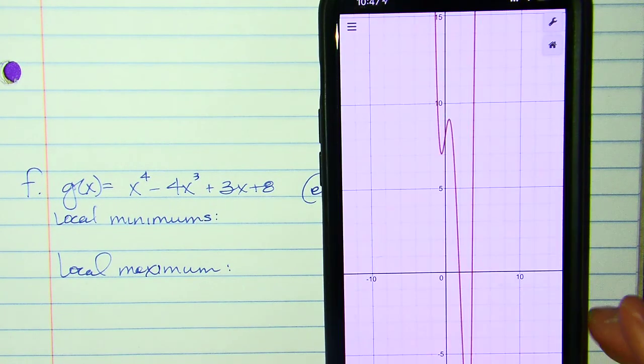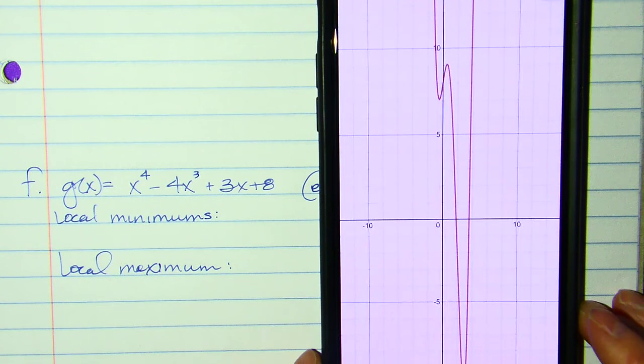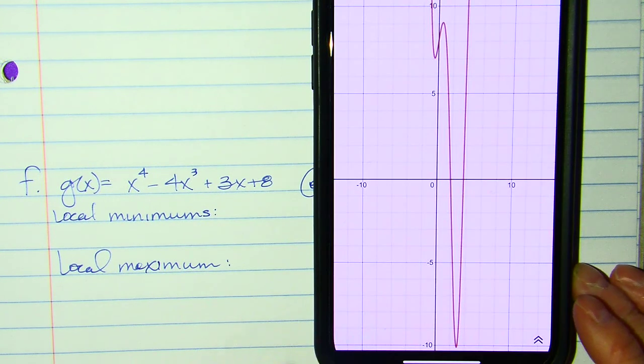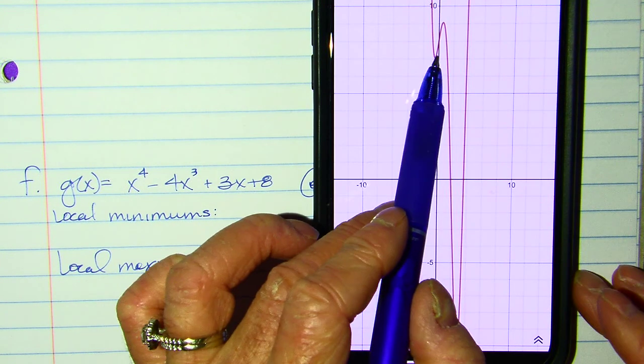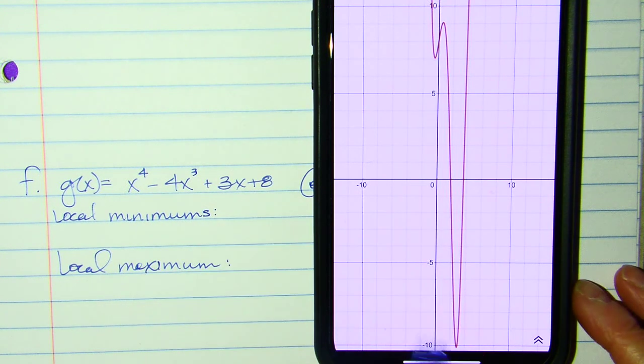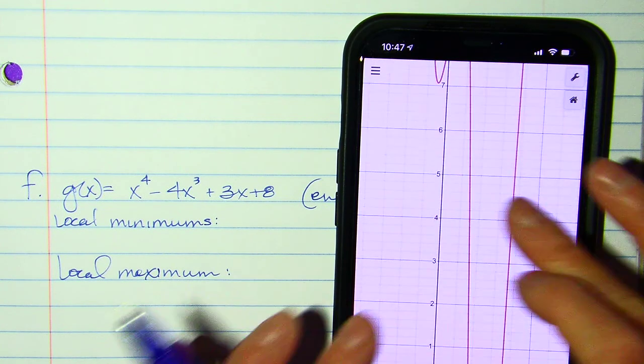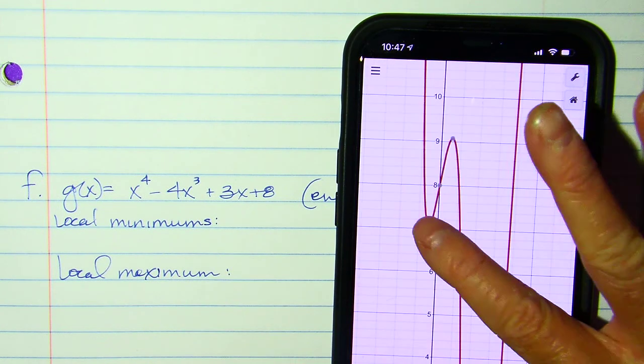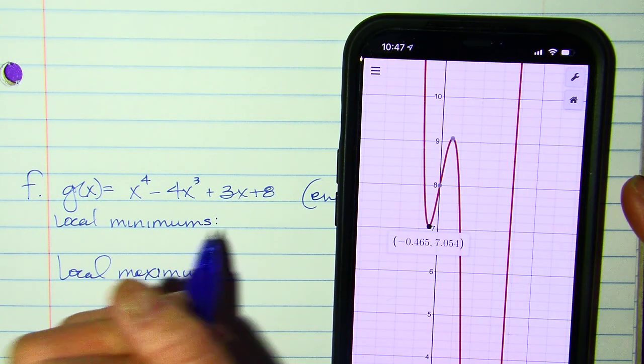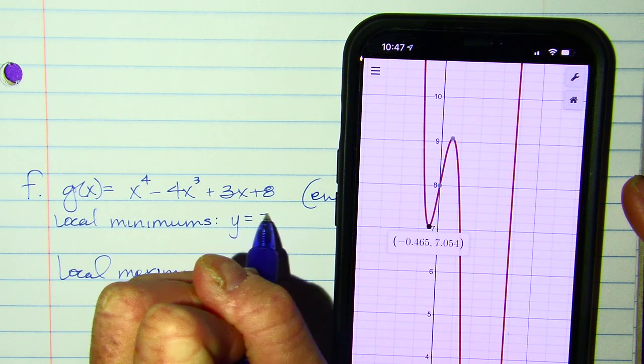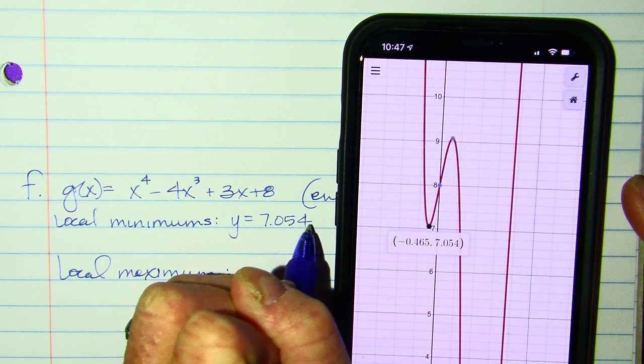And so let me show you that I have two minimums. I have a minimum up here, a bottom, and I have a bottom way down here. And so I'm going to identify both. So I'm just going to click on them. And if you click on the gray dot, for my local minimums, I have y equals 7.054.